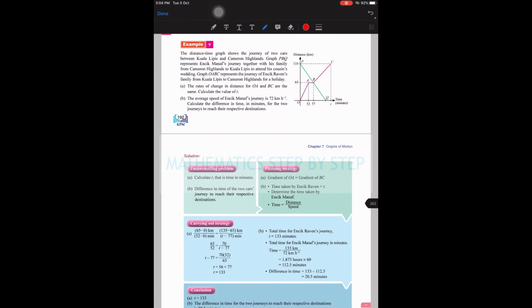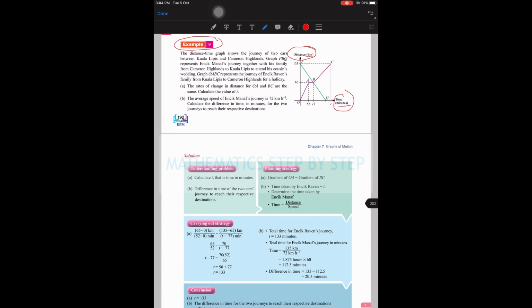So now let us go through this example 9 together so that you are exposed to more examples. The distance time graph, in this case it is in kilometer and minutes, shows the journey of 2 cars between Kuala Lipis and Cameron Highlands. Graph PBQ represents Encik Manaf's journey. So PBQ is the green line, together with his family from Cameron Highlands to Kuala Lipis.